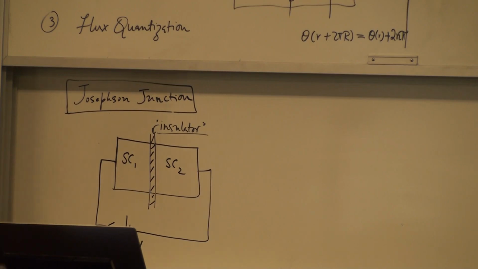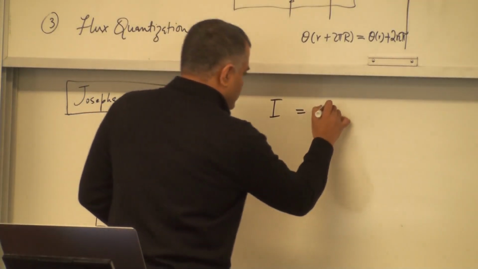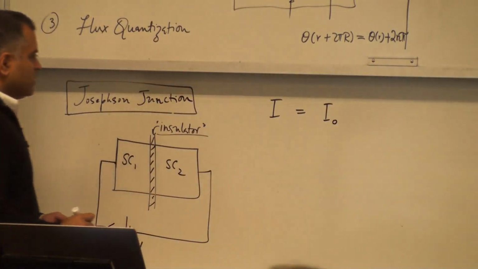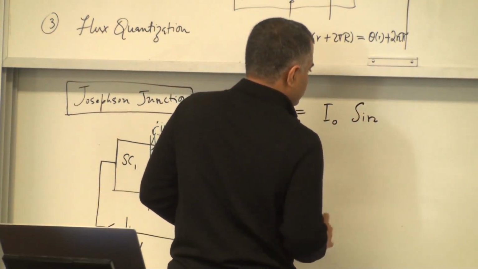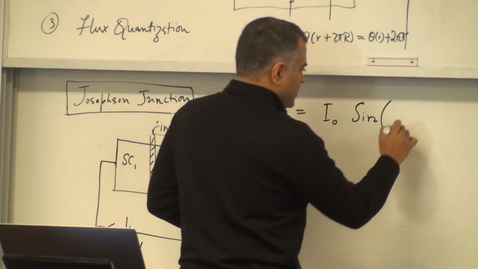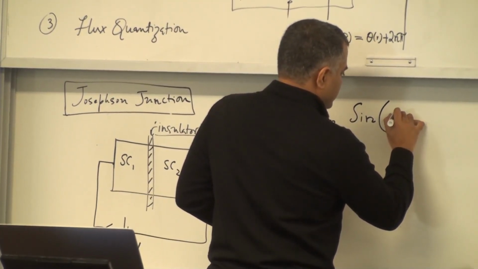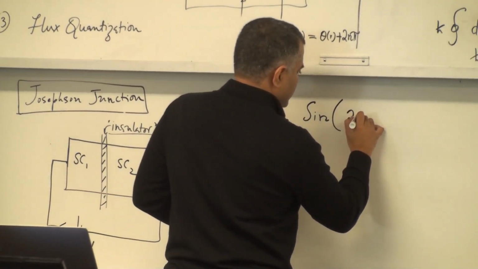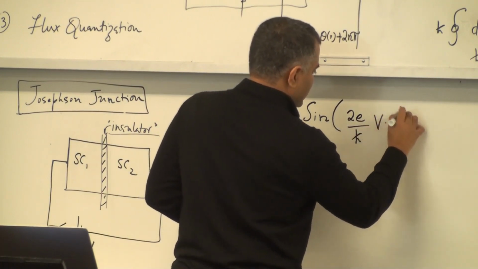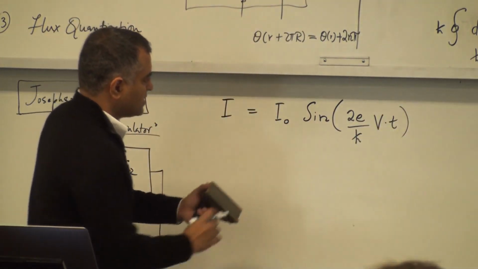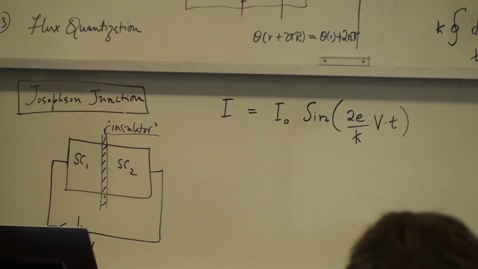When you do this experiment, the current is some constant, which will come out later, times a sine function of 2e over h bar times the voltage times time. Is that right? Yes, this is correct. This is what you're going to get.